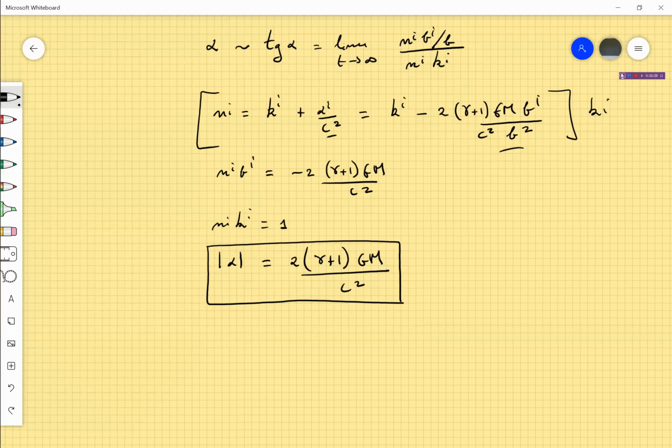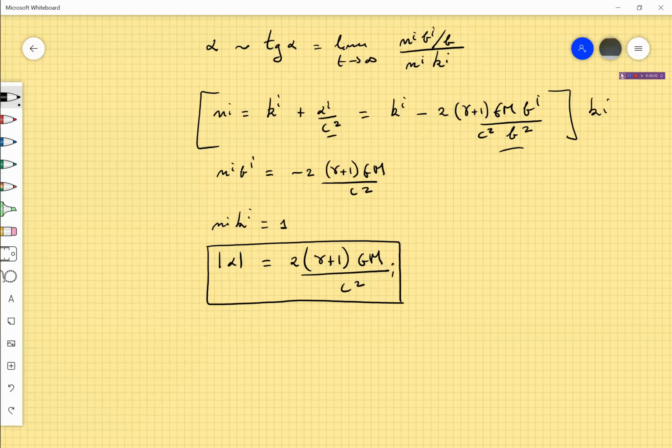In the recommended reading in the program, you have several references to the experiments that measure this deflection angle with the sun. And you know that the first time this was measured was in the total eclipse of 1919, but it was also measured a few years ago because there was another total eclipse.